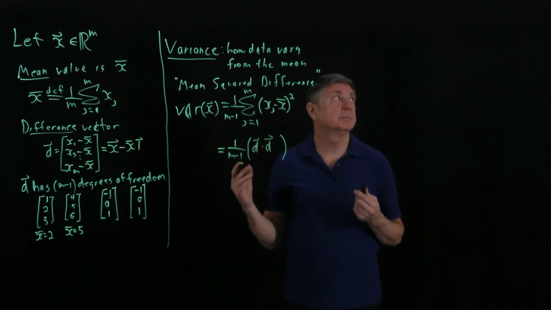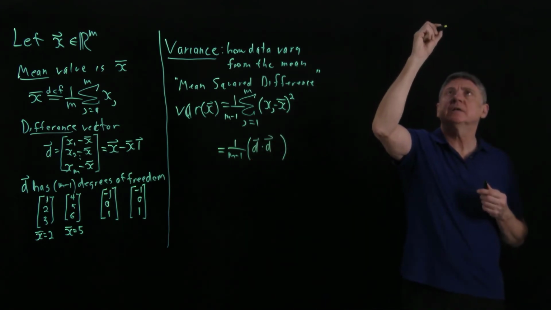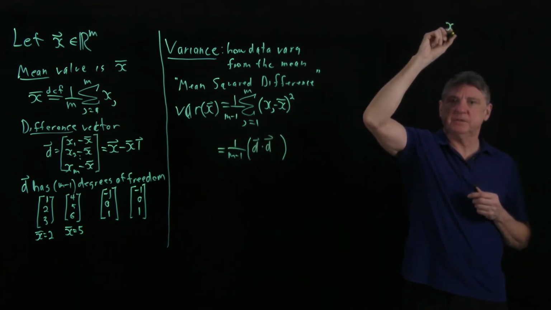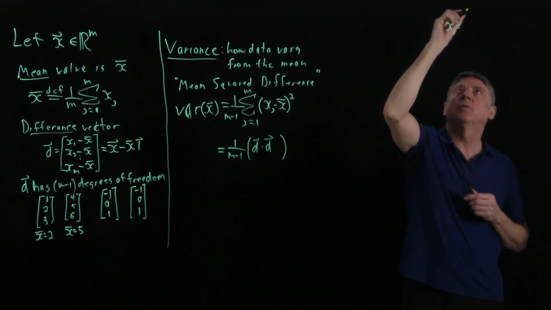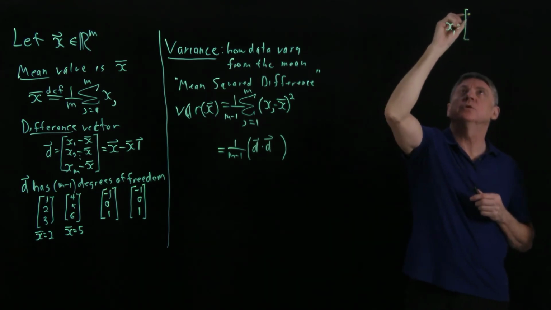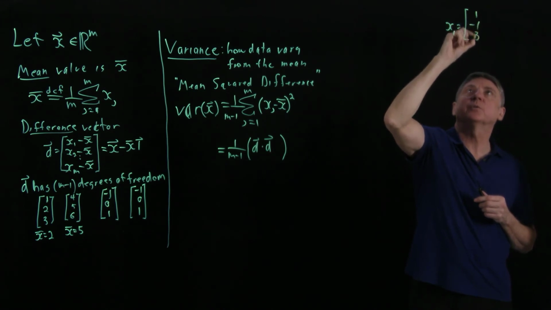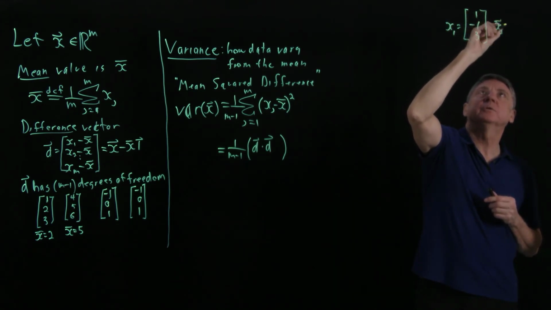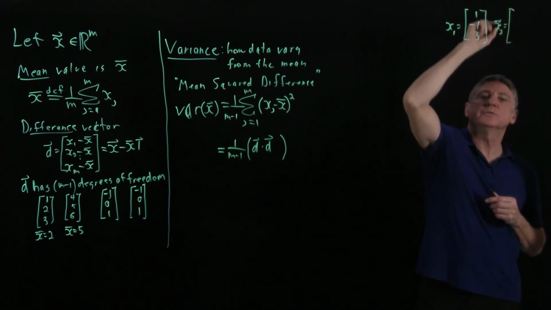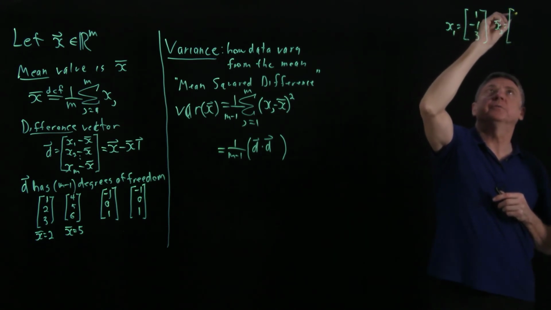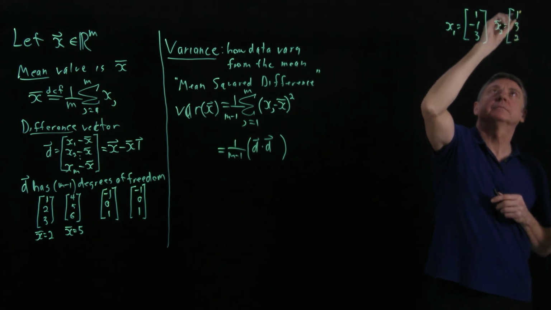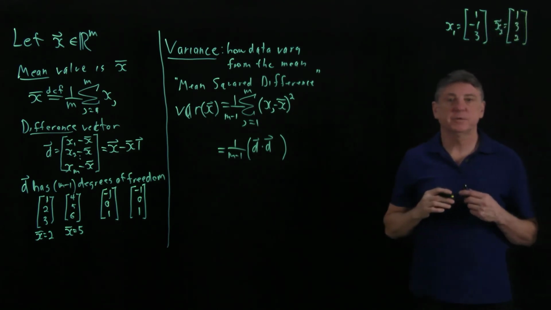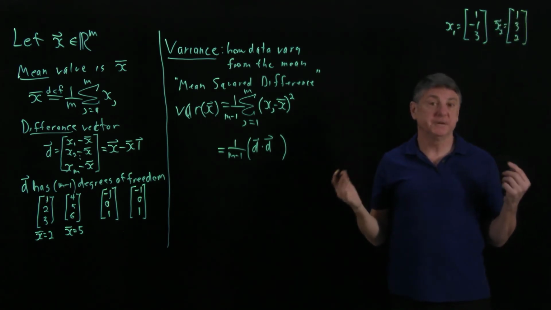Let's work through a simple example. Let's suppose that we have x1 equals, and I'll use 1, minus 1, 3. And suppose we have x2 is, I'll use the values 1, 3, 2. So the first thing we do is we form the difference vector.